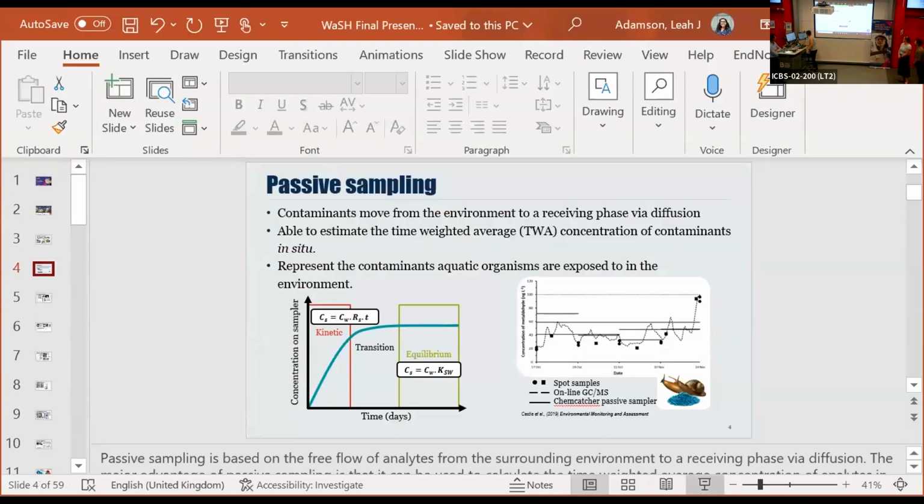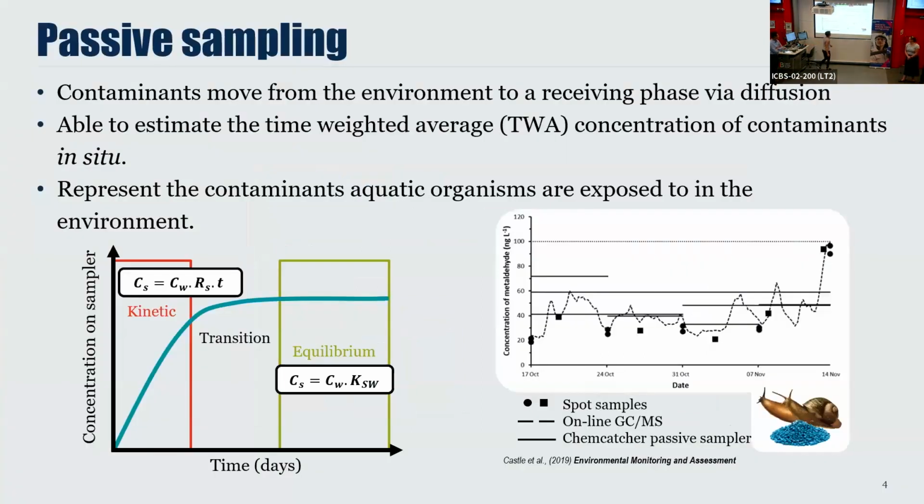Here we go. On this graph, I don't know if you can see it, the circles and the squares are spot samples that were taken along the river. The dashed lines are the online GCMS, so they're constantly measuring, and the solid lines are passive sampling done by Chemcatcher.